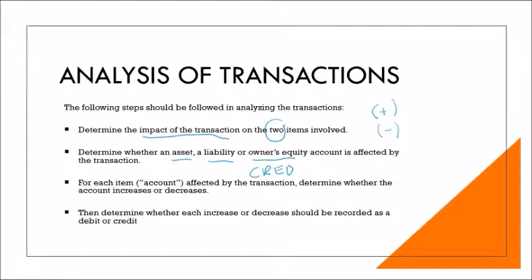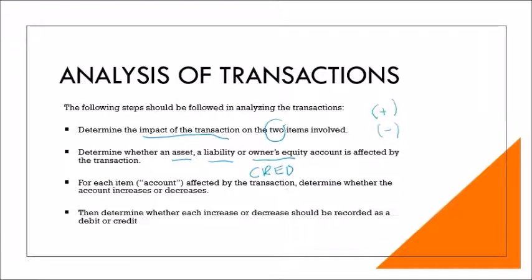So after identifying the increase and decrease, you have to identify the account. After you identify which account, you have to know for each item affected by the transaction whether the account increases or decreases.